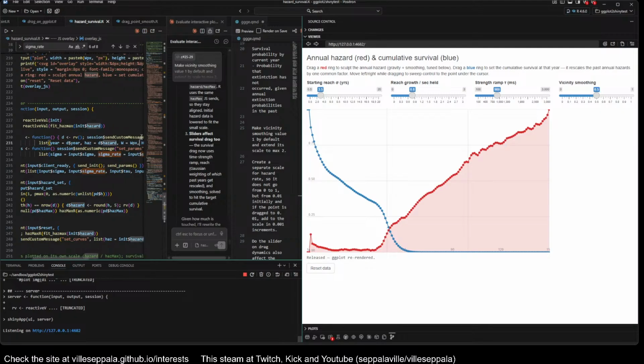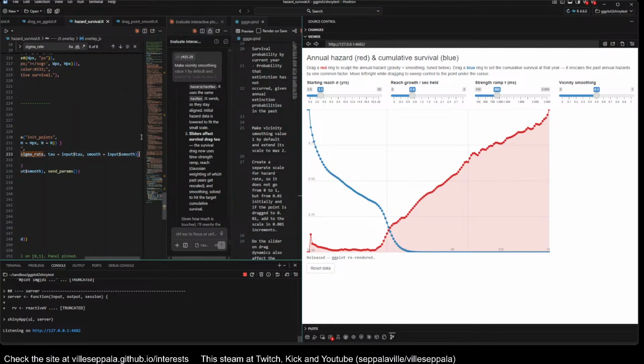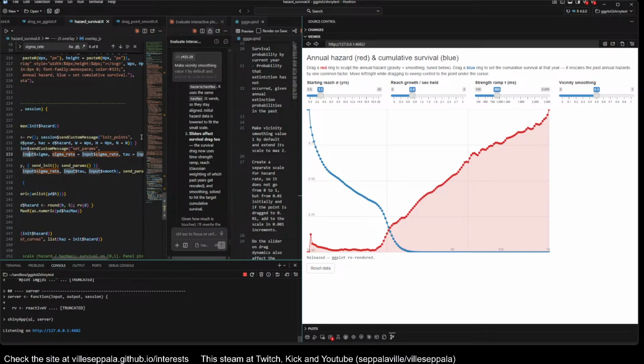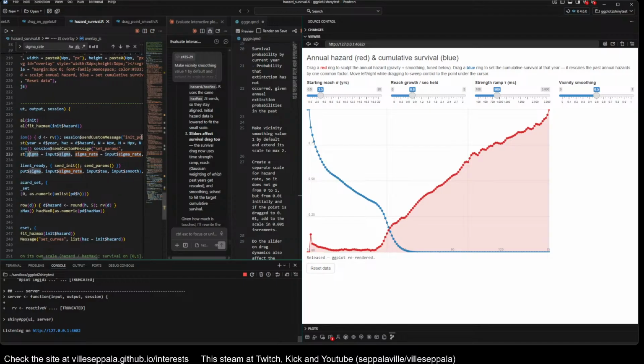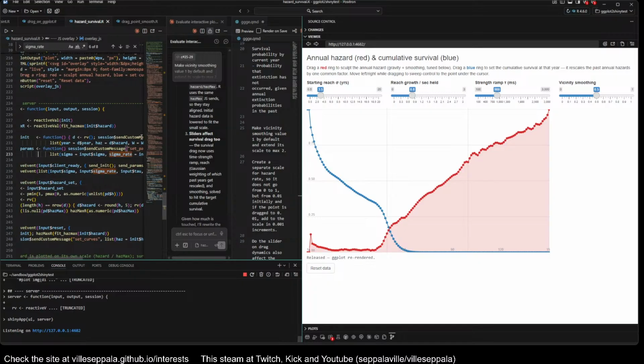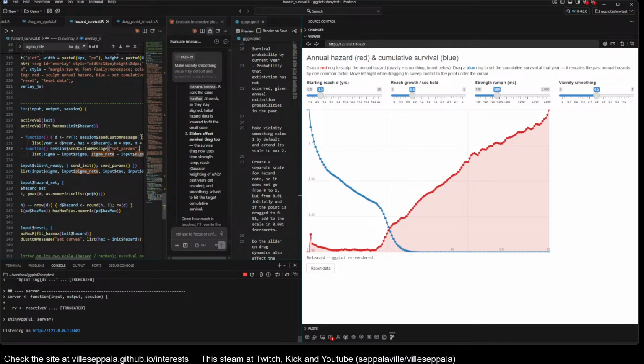I'm going to have screwed up my UI a little bit. Set params. Maybe it sends the custom message to the JavaScript. So let's look at this set params where it's going.